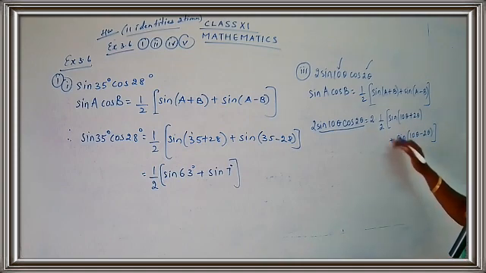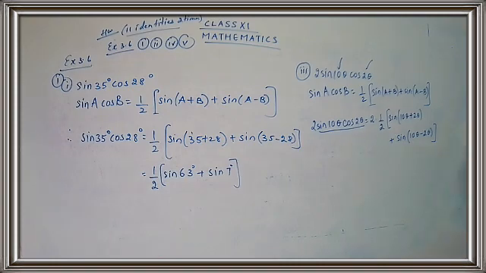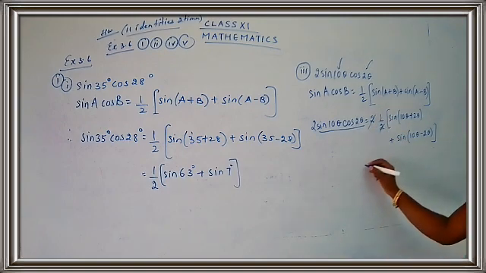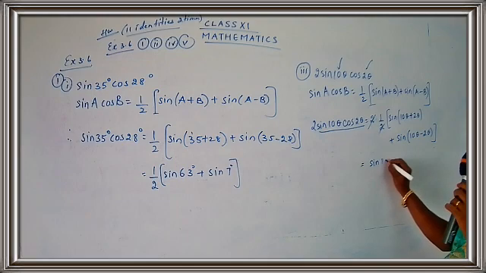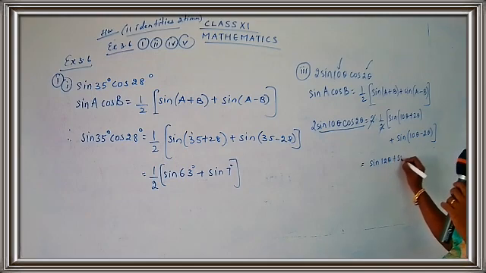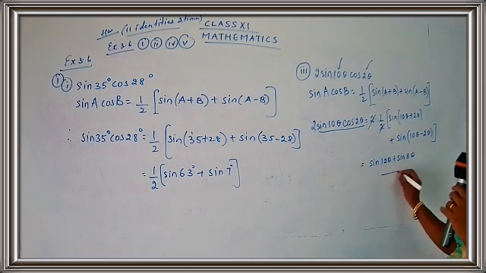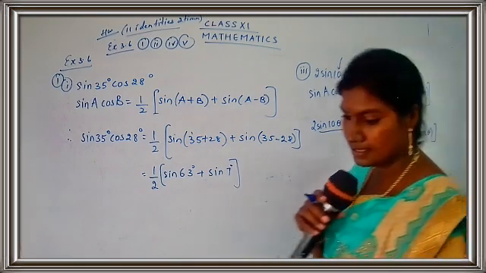If you are able to do it in a single line, please try to write in a single line, children, because if I go here, you will not be able to view it. So this is 2 into 1 by 2 sine of 10 theta plus 2 theta plus sine of 10 theta minus 2 theta. So 2 and 2 get cancelled. So at the last, sine 12 theta plus sine 8 theta is left, and this is your answer.